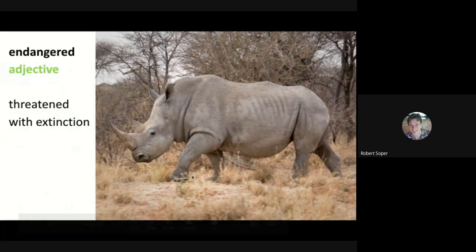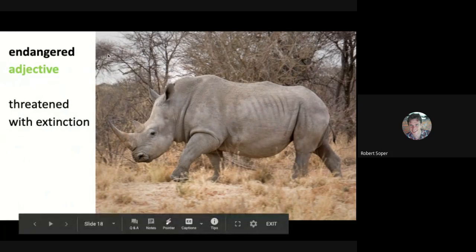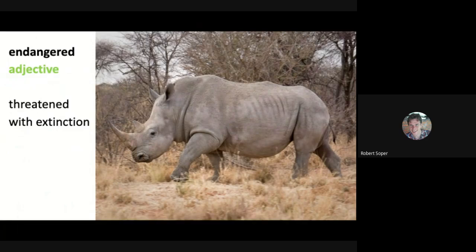So this animal is a rhino, or a rhinoceros to use its full name, but they're commonly called rhinos. And if I was to use endangered in a sentence with rhino, I could say rhinos are endangered animals. Why does that sentence work?